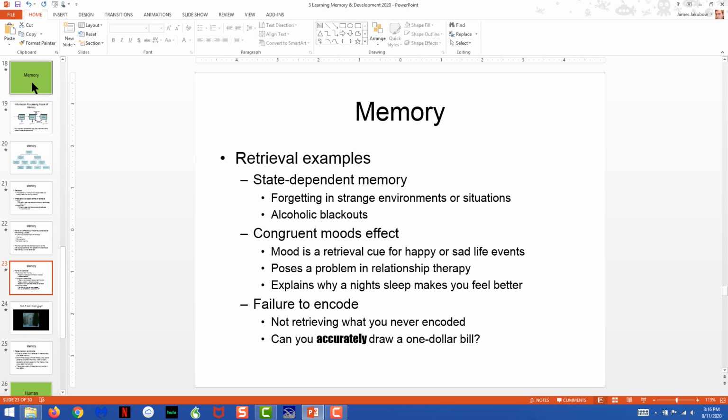Because you always have some particular emotional state that's activated at any time, you would be more likely to remember an event that occurred long ago if your emotional state is similar to the emotional state that was present when you remembered the information.